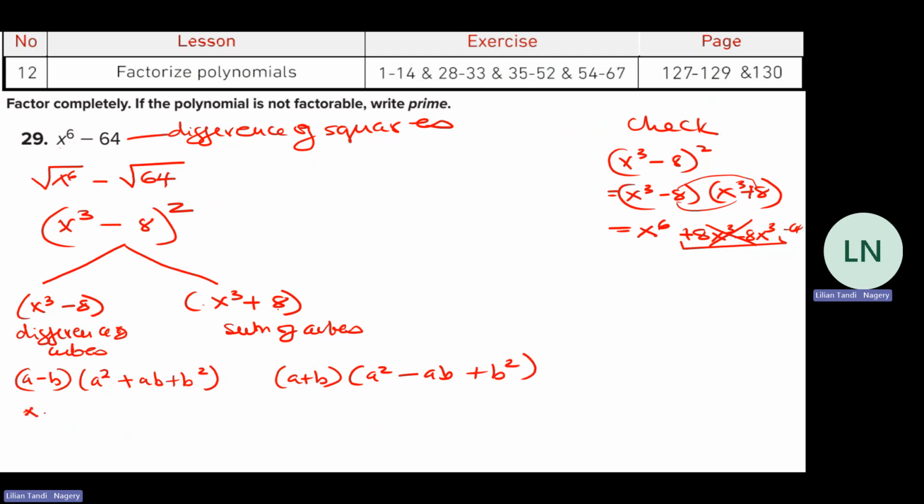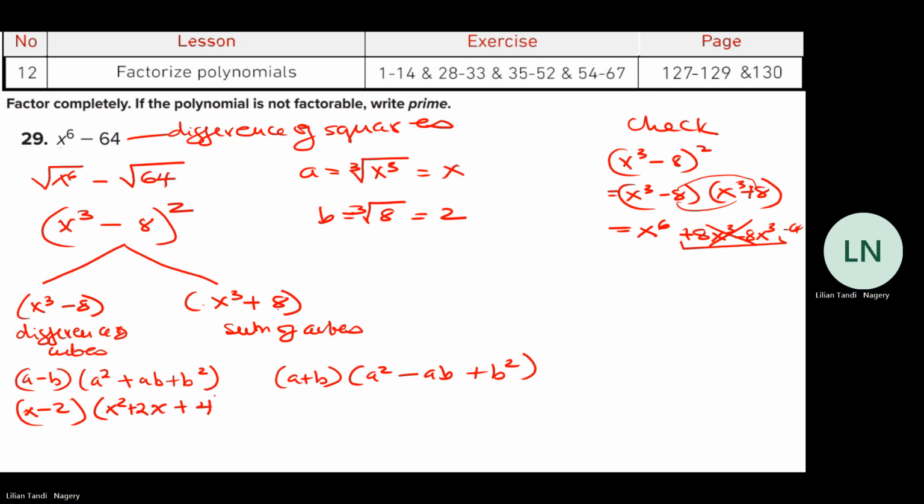This will be x minus 2, because you're going to do a. So let's find a. A will be the cube root of x cubed, which is x, and b will be the cube root of 8, which is 2. So then you're going to have x squared plus 2x plus 4.